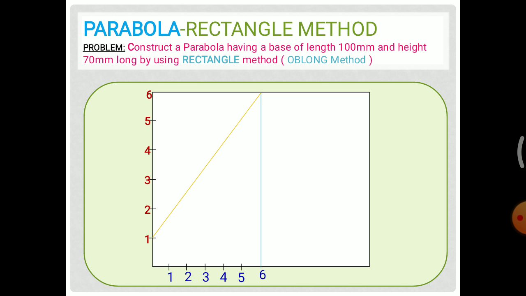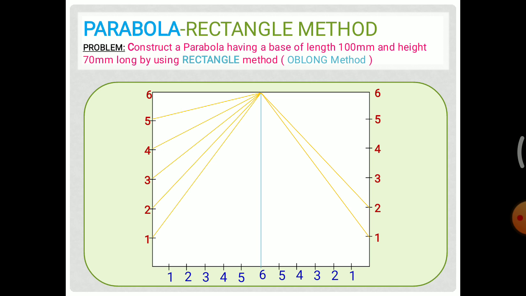Then divide the right side half also into the same number of equal parts, so that is 6. So 6 parts on the vertical side and 6 parts on the horizontal side.